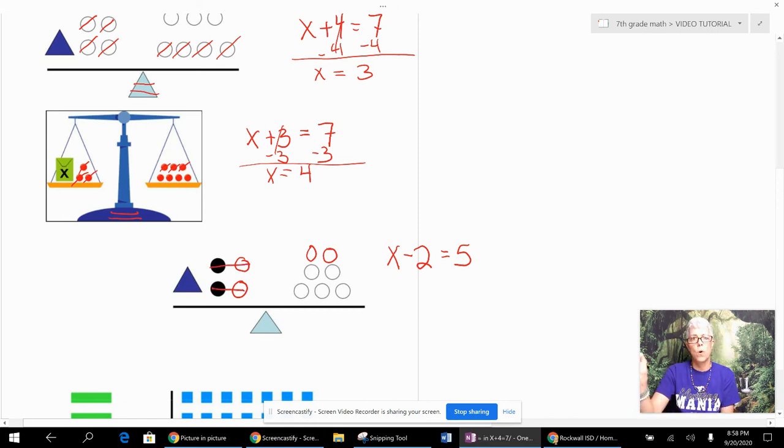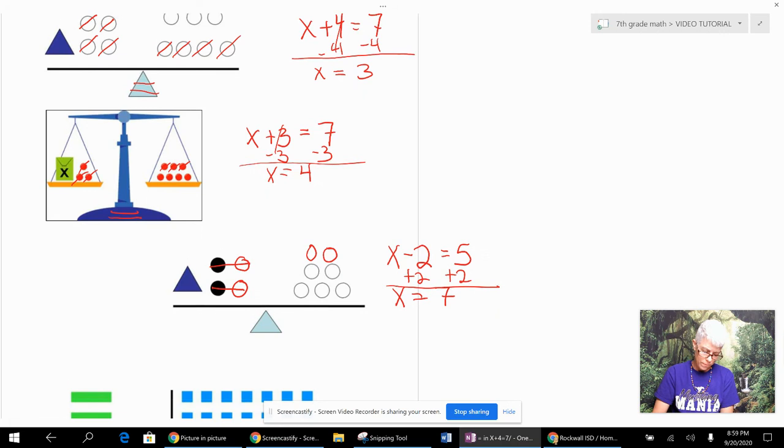So those go away, and I'm left with x equals 1, 2, 3, 4, 5, 6, 7 on the other side. And that was the same as plus 2, plus 2. So you see we did it differently. In modeling, we added circles, and in the original 2, we took them away.